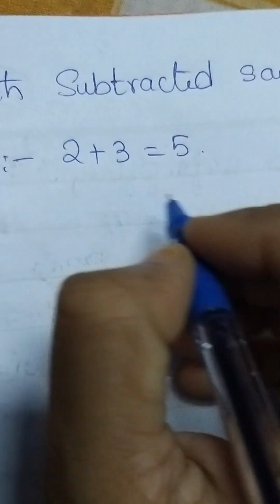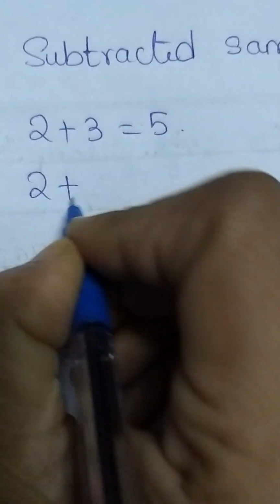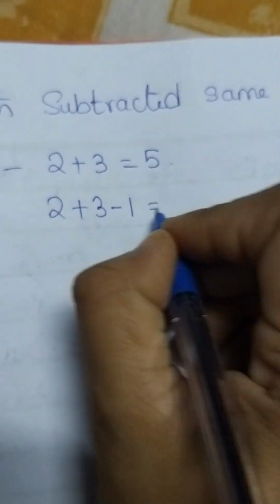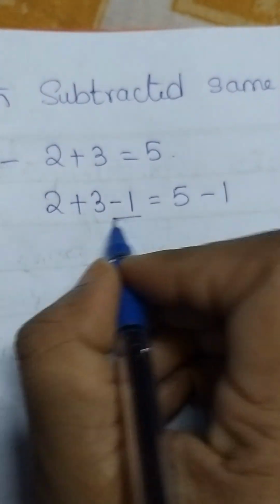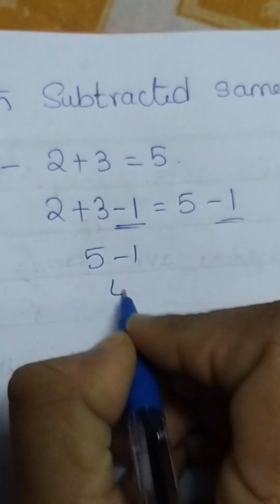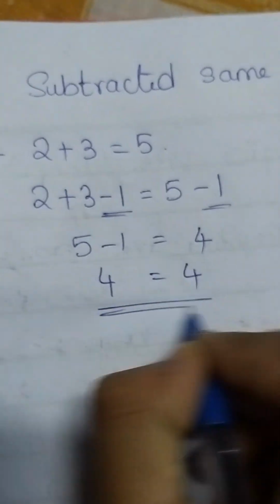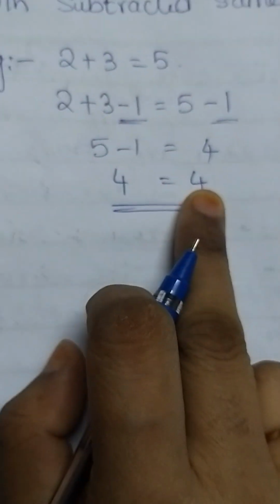If we subtract the same number, we have to get the same value. If we subtract 1, 5 minus 1 on both sides, what will we get? 5 minus 1 is 4, and the other side is also 4. This is also the same value. LHS equal to RHS, children.